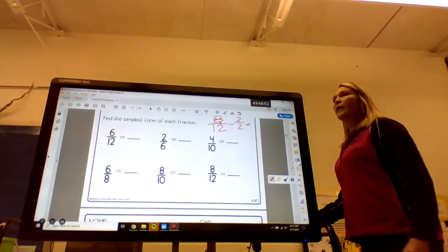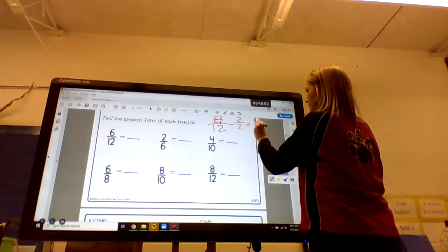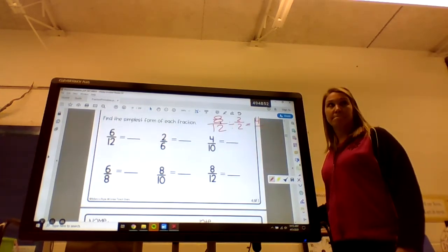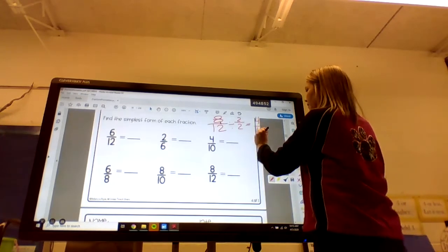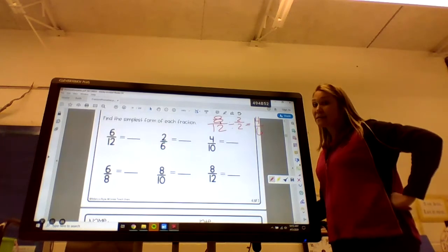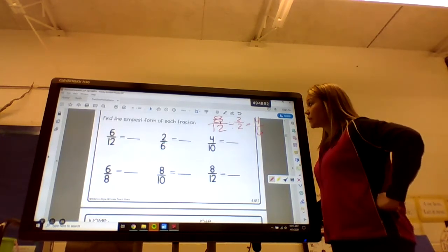What's 8 divided by 2? 4. What's 12 divided by 2? 6. 4, 6. But that's not simplest form. We can simplify this even more.